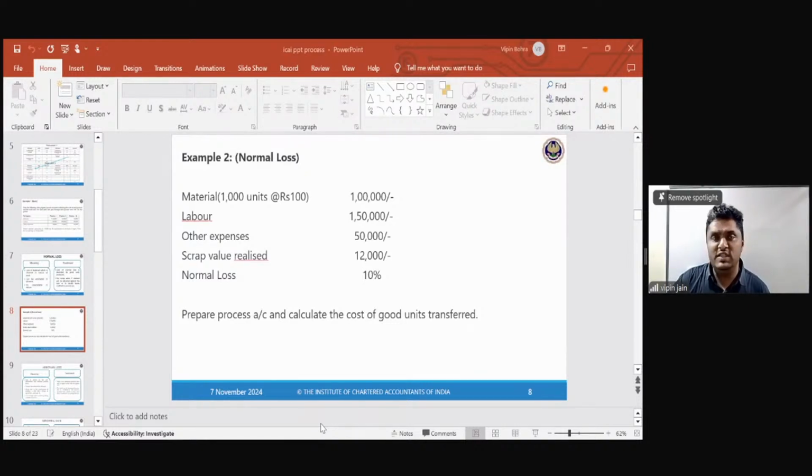So the total cost is 1 lakh. The labor cost is 1,50,000. Other expenses are 50,000. Scrap value realized is 12,000 and the normal loss is 10% of input. You are required to prepare the process account and calculate the cost of good units transferred. I request you to please take the screenshot.